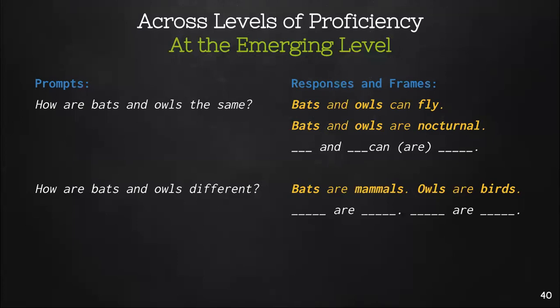Well, they know more than fly. So we give them the scaffold of blank and blank are or can blank. And they could come up with something like bats and owls can fly, bats and owls are nocturnal. Same thing with differences. Students might want to say just mammals or birds. And here we give them some frames, and that enables them to organize their ideas.